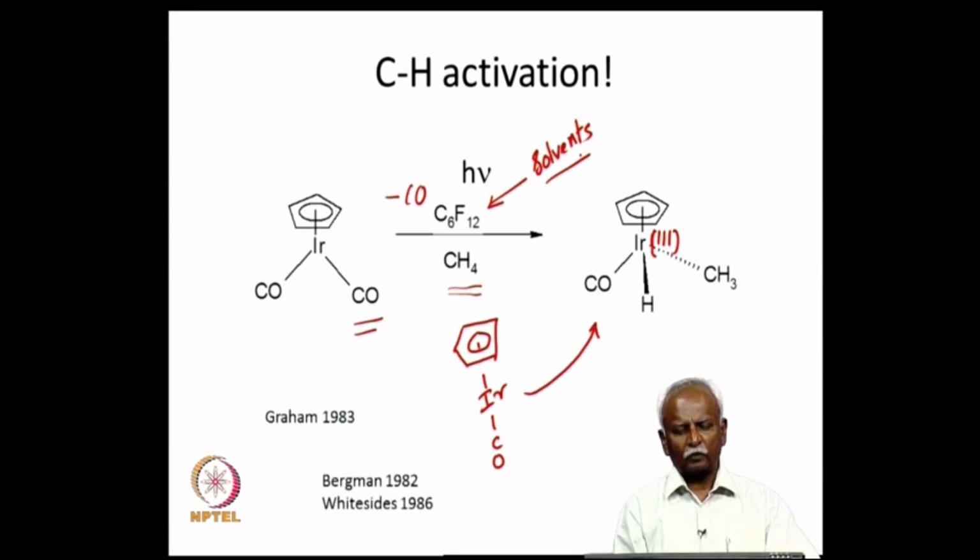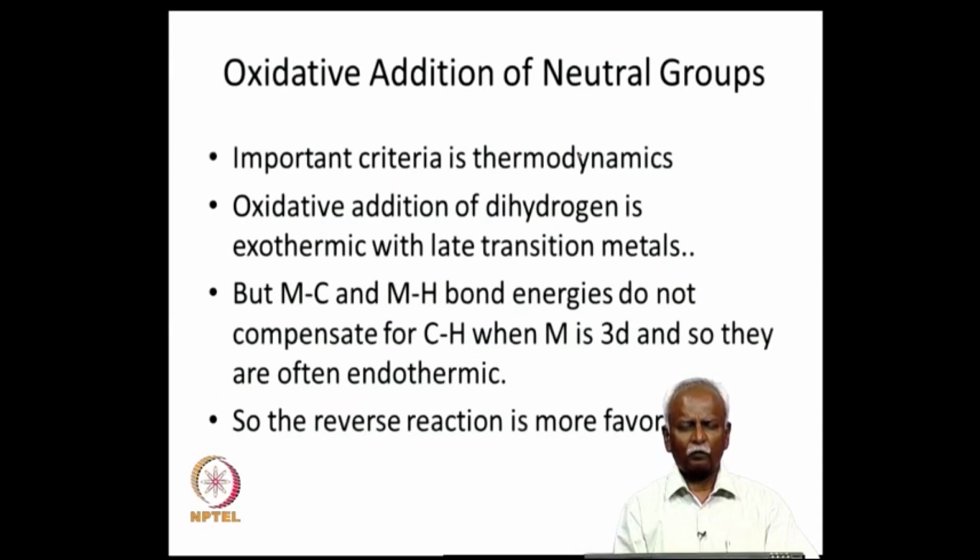So, subsequent to the discovery of Graham and Bergman, several more people studied the CH activation reaction, purely because CH activation turns out to be a key reaction if one has to use petroleum feedstocks more effectively. So, what we have seen in this class of reactions is that CH activation of neutral bonds like aromatic CH bonds or SiH bonds can be activated and made to form M-Si and M-H bonds or M-C and M-H bonds.